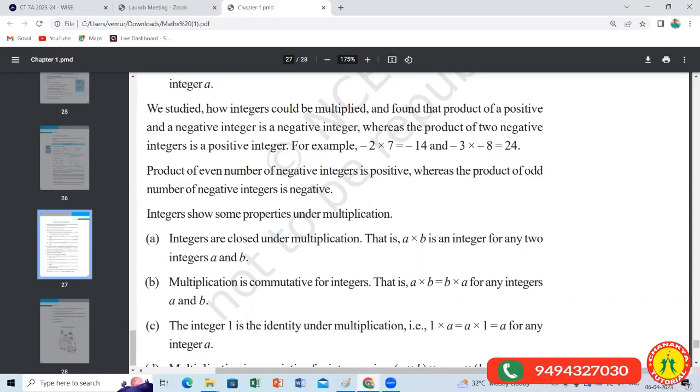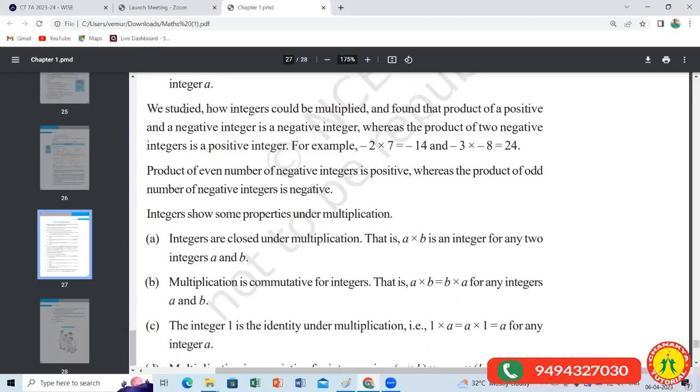For example, minus 2 into 7 equals minus 14 and minus 3 into minus 8 equals 24. Very good. The product of an even number of negative integers is positive, whereas the product of an odd number of negative integers is negative.